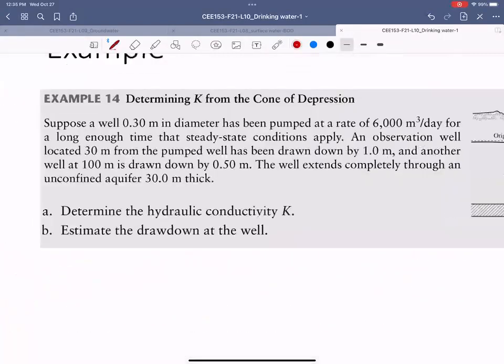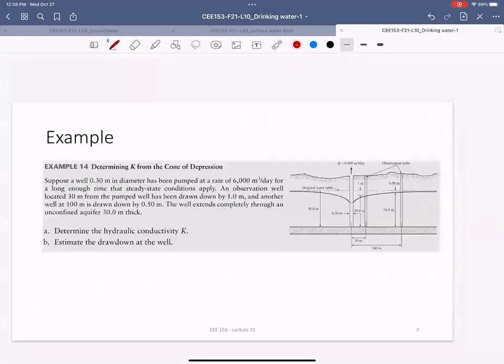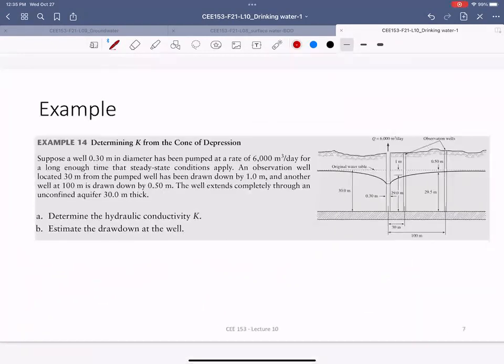All right, so let's look at the example. This is a short question, and this is the exact same question as your homework. As I said, this is just to plug in the values and get the answer. There is no difference in this one. Suppose a well of 0.3 meter in diameter has been pumped at a rate of 6,000 cubic meters per day.